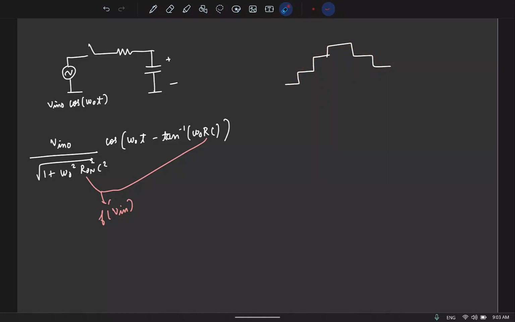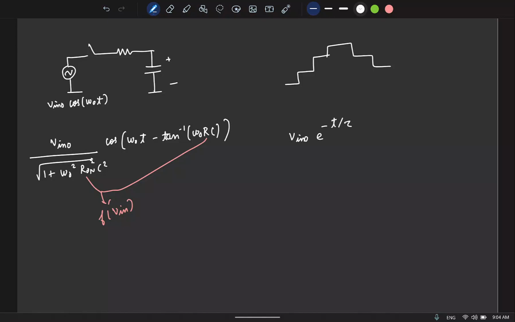So the on resistance also remains constant in one clock cycle, although it will vary from cycle to cycle. And here it's not a problem because, if you remember, for a constant input, the response of a first order RC circuit looks like V in into 1 minus e power minus t by tau. So the error was V naught e power minus t by tau.